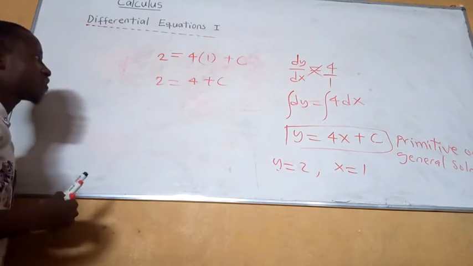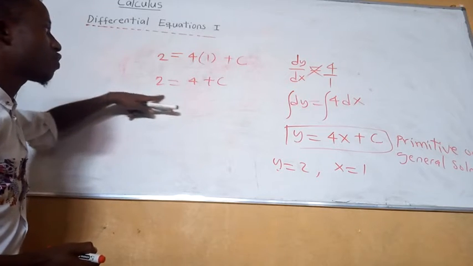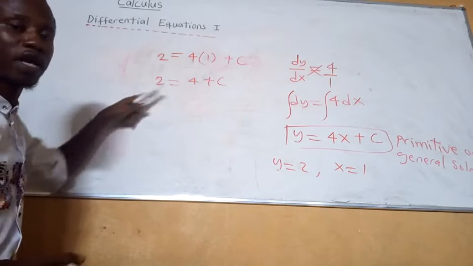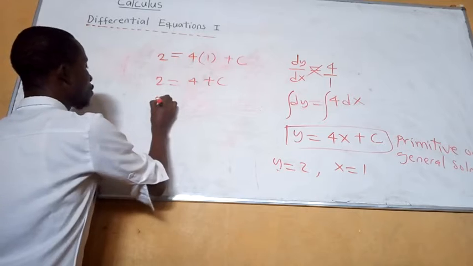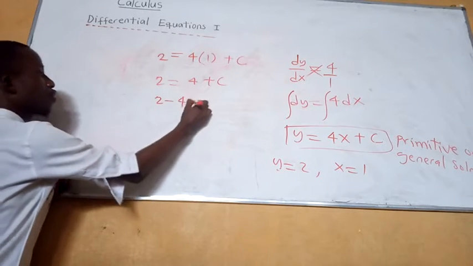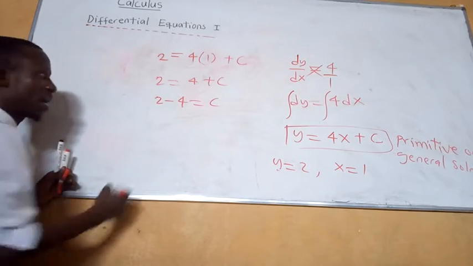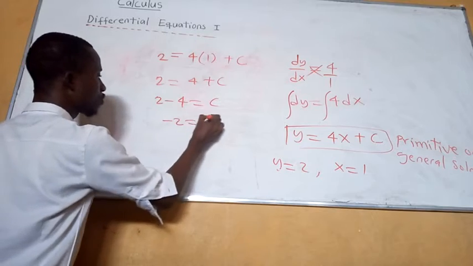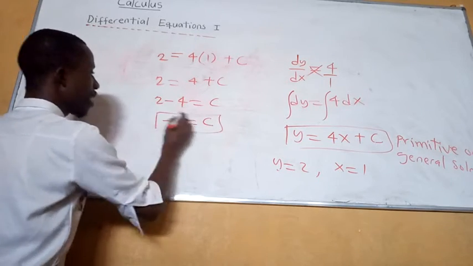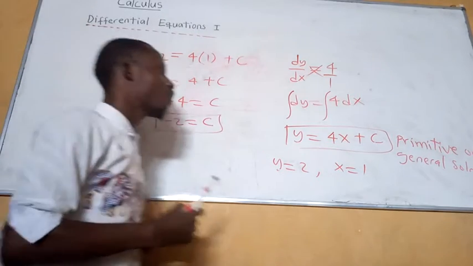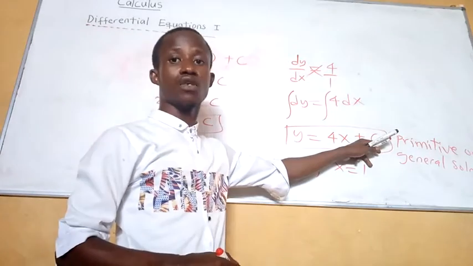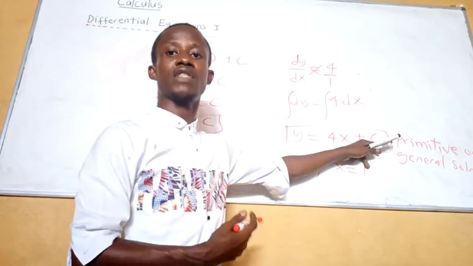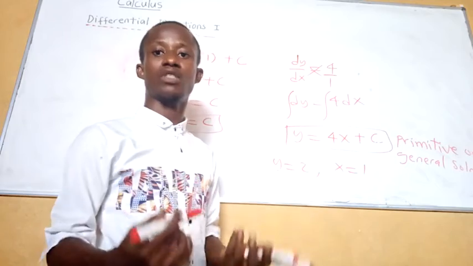We can now solve for c by sending the 4 across. This 4 will change from positive to negative. So we have 2 - 4 = c. You can clearly see that c = -2. We now have the value for constant c. So we can now replace the value for c to get our particular solution.